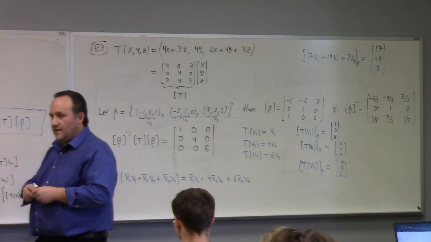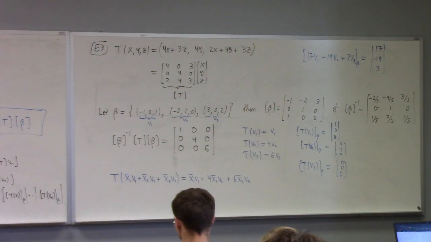If I introduce x bar 1, x bar 2, x bar 3 as the beta coordinates for the sake of discussion, what's this transformation doing geometrically?